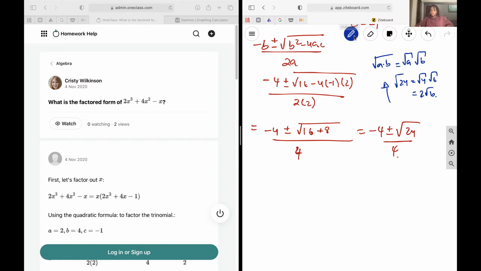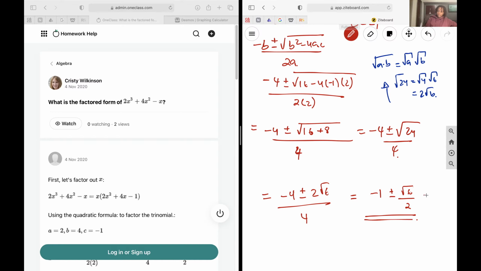So using that, I'll have my two solutions as negative 4 plus or minus 2 square root 6 over 4. When I simplify that, that becomes negative 1 plus or minus the square root of 6 over 2. And that's going to be it.